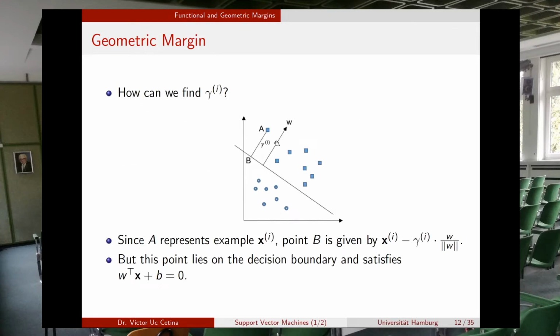So let me go back to a slide where we have the points to explain a very important thing. We have this set of points, positive examples and negative examples. What we want to do is to find a decision boundary that maximizes the geometric margin. So we want to place this straight line in such a position that it will maximize the distance from each of the points to the decision boundary, for both kinds of points, positives and negatives.